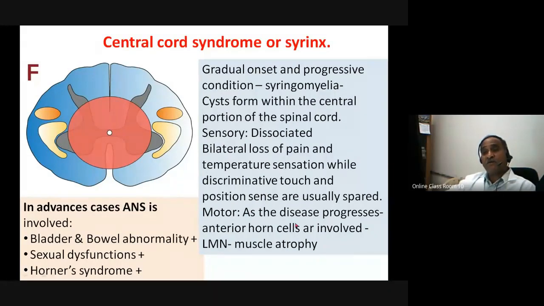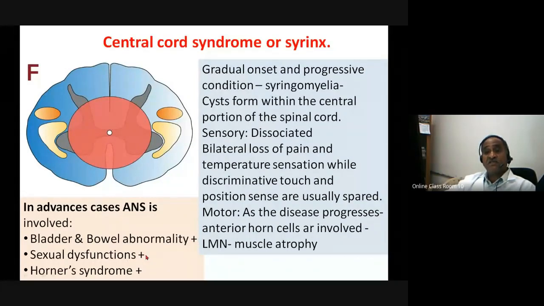As the case advances, as this cavitation advances, it will involve the lateral horn. Once it involves the lateral horn, you see the autonomic component is getting involved. Here bladder and bowel abnormality may happen, that's incontinence and bowel movements independent.